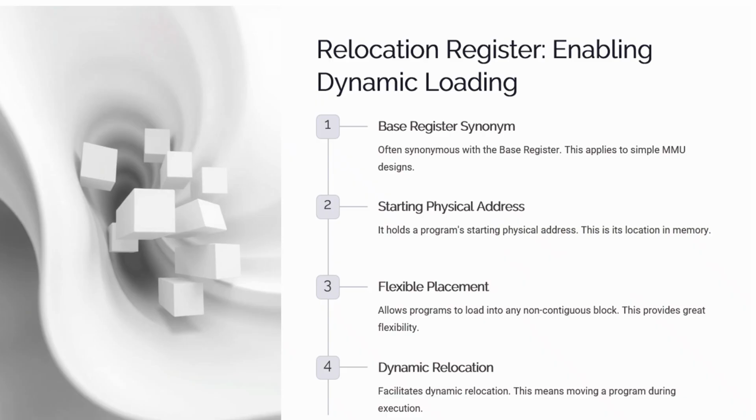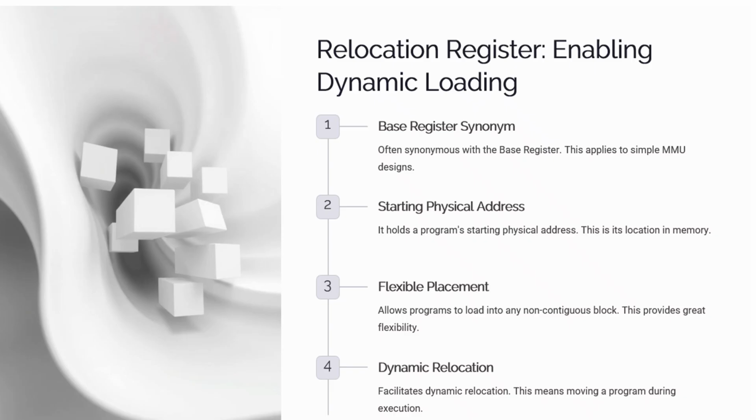Now comes the relocation register. In many systems, this is the same as the base register, but its role focuses on relocation and flexibility. It holds the starting physical address of a program and supports loading programs anywhere in memory, even in contiguous blocks.